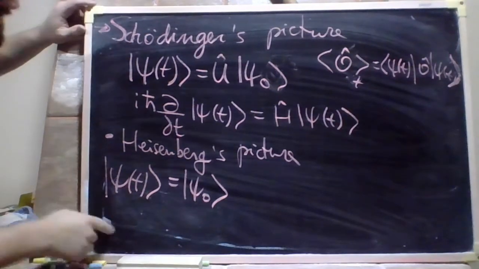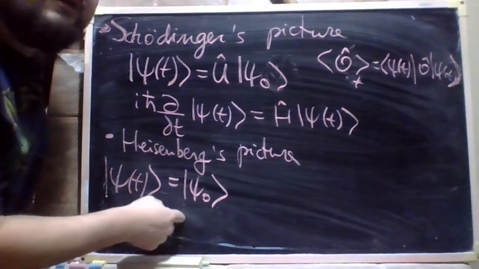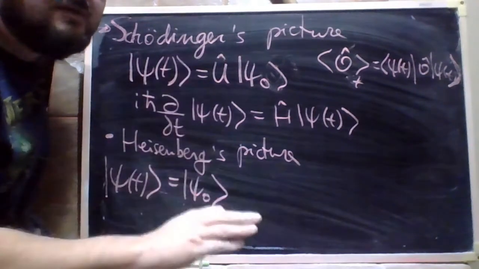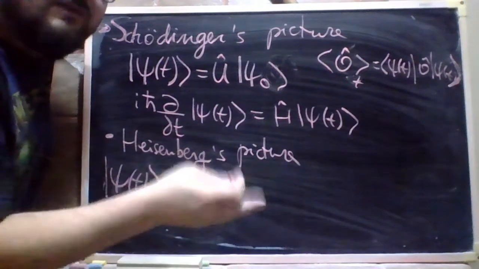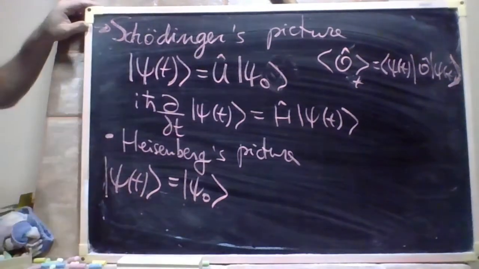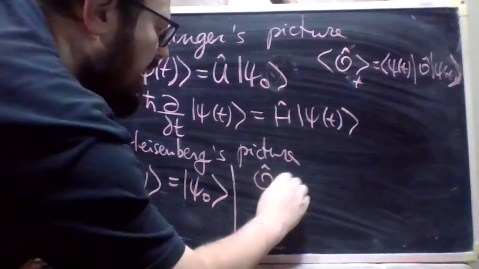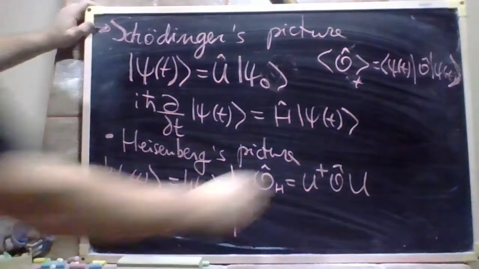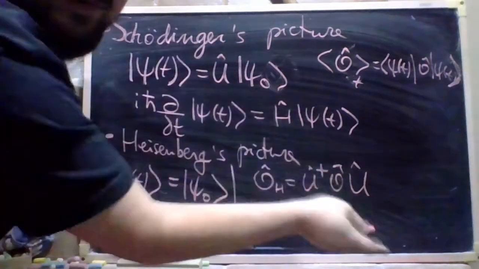So for Heisenberg, a given state is always the initial state. It does not evolve in time. For Schrodinger, all that evolves is the state. For Heisenberg, states are kept fixed, but operators evolve, applying the evolution operator. The evolution operator is the same in both pictures.